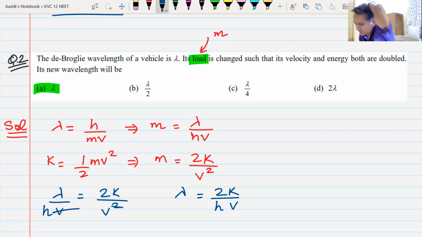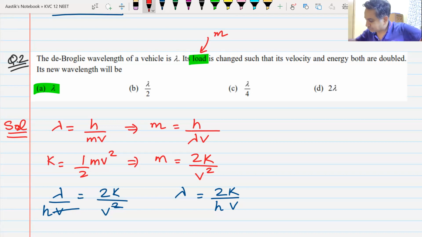I hope I have not made a mistake. I think I have made a mistake here. Mass can be written as h by lambda v. Okay, I did a mistake there.